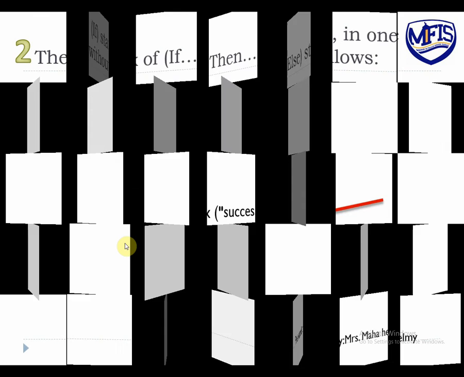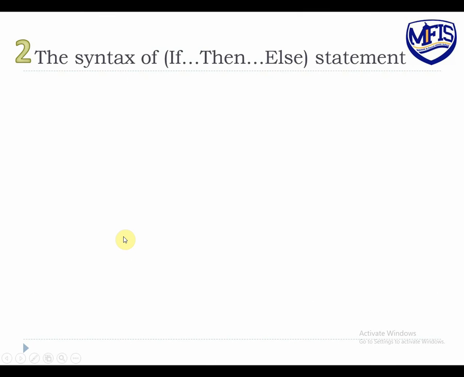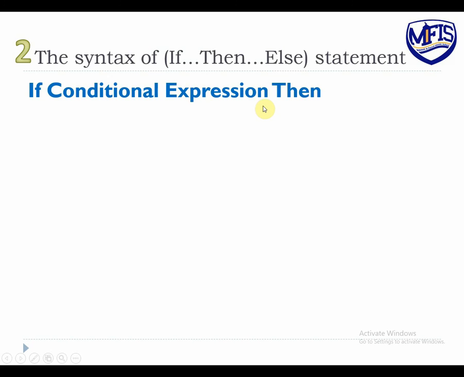Let's go to the second statement in branching, which is the if-then-else statement. The if-then-else statement is used to express two codes. What is the general syntax? If conditional expression, then code 1, else code 2, end if.